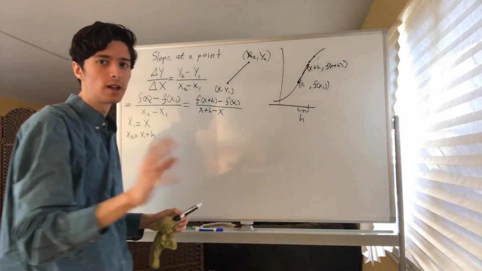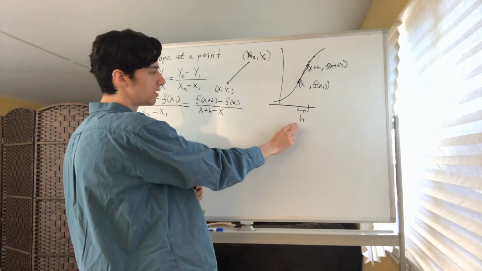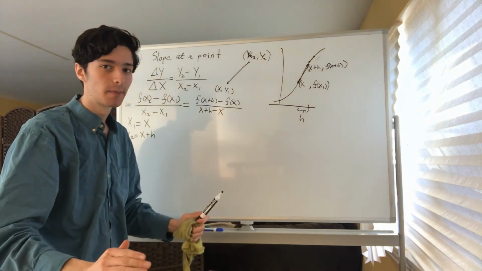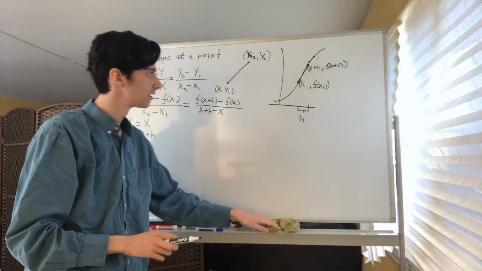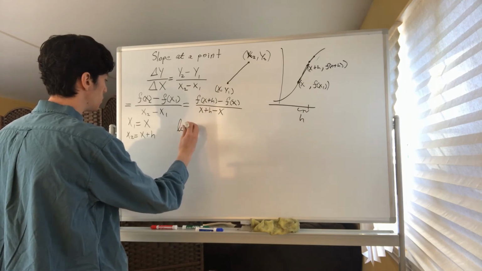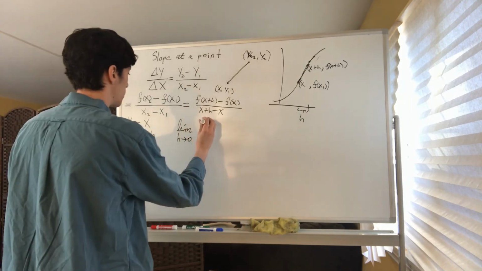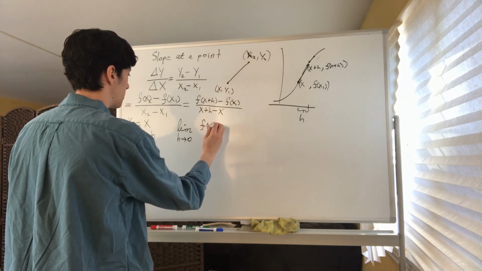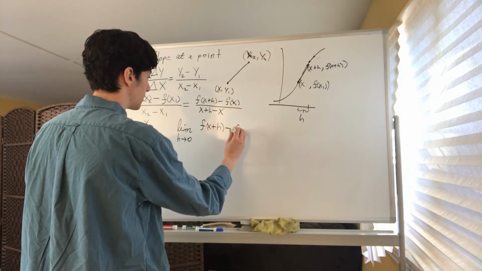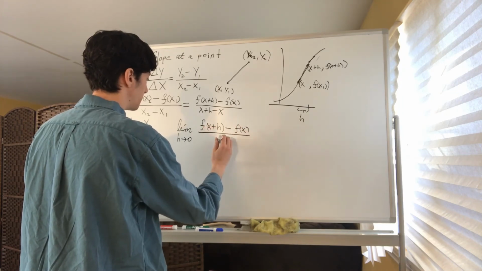And so what we want to look at is what happens when this h gets as close to 0 as possible, or in other words, the limit as h approaches 0. So I'll write that down. We have the limit as h approaches 0 of f of x plus h minus f of x, all divided by h.